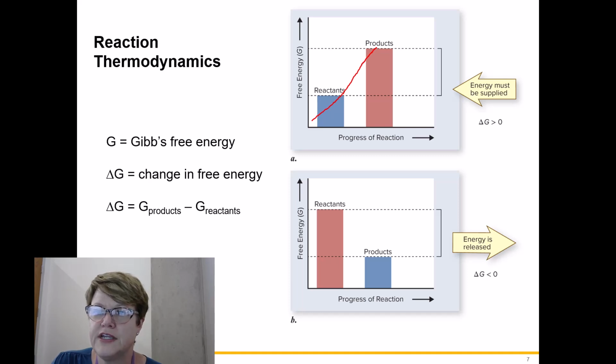The progress of the reaction is time. That's the x-axis. And then the energy level of the molecules is on the y-axis. It's called free energy. And free energy is given the letter G in thermodynamics, named after Gibbs. That's a guy, Dr. Gibbs. So Gibbs free energy, G is free energy.